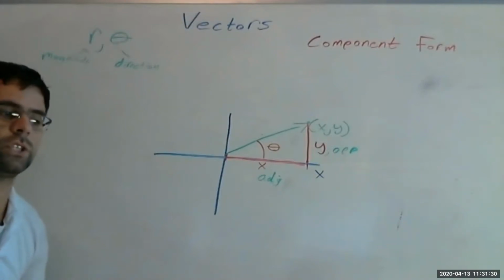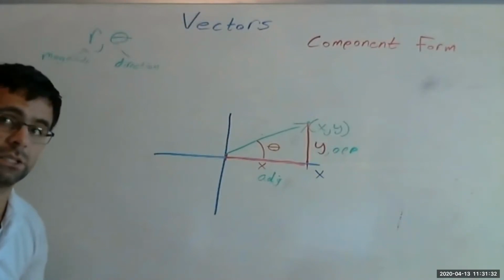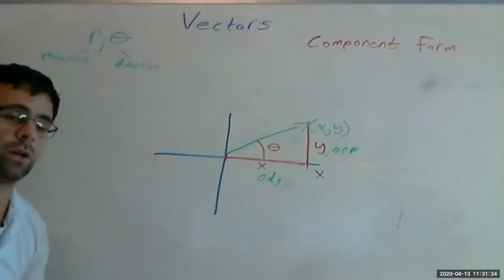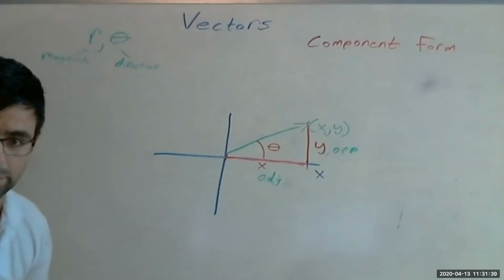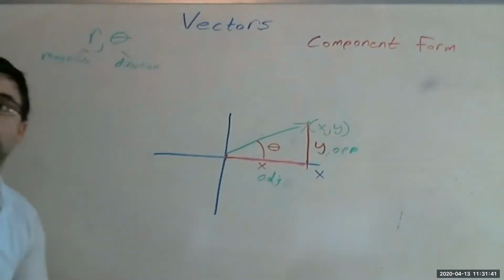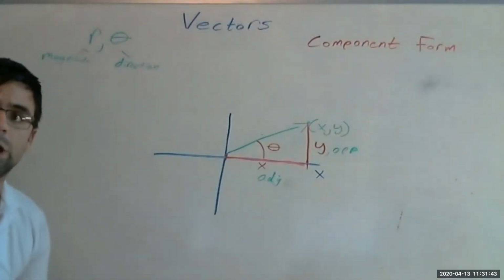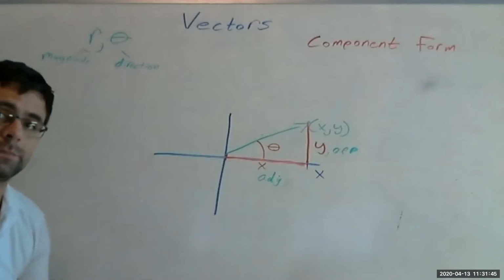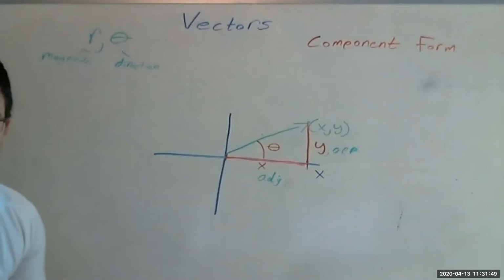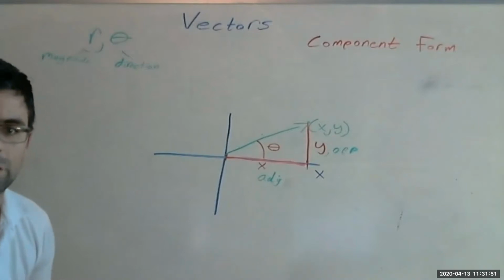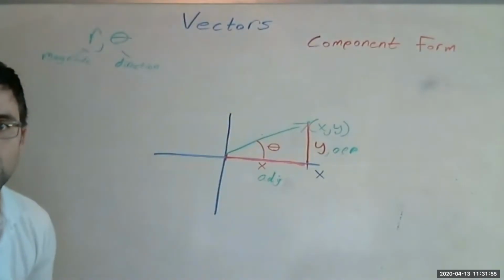But just know that they're both valid and you can always go between the two. We'll talk about that a little later. Component form just splits up the vector into two fundamental pieces, kind of.